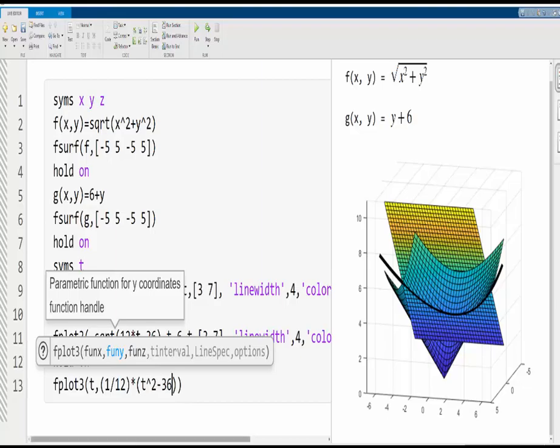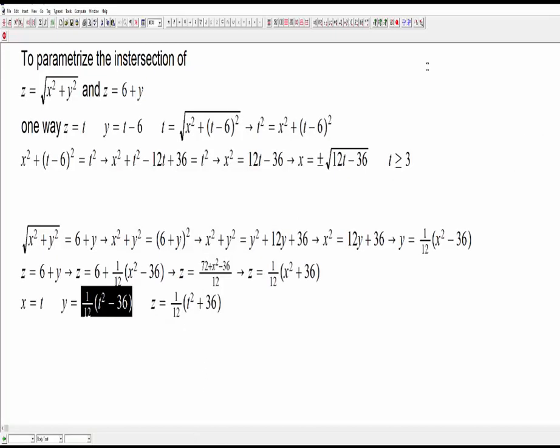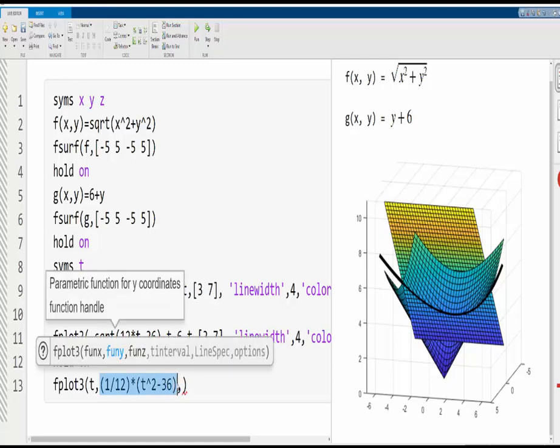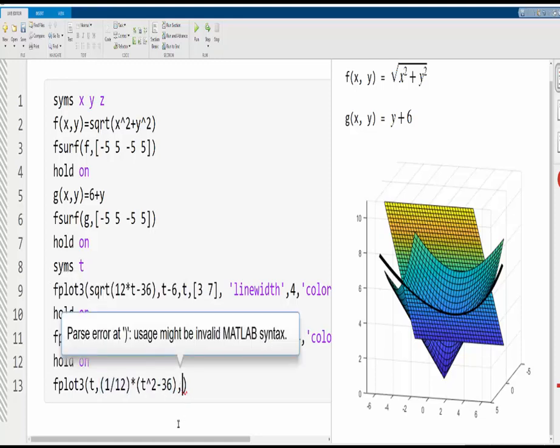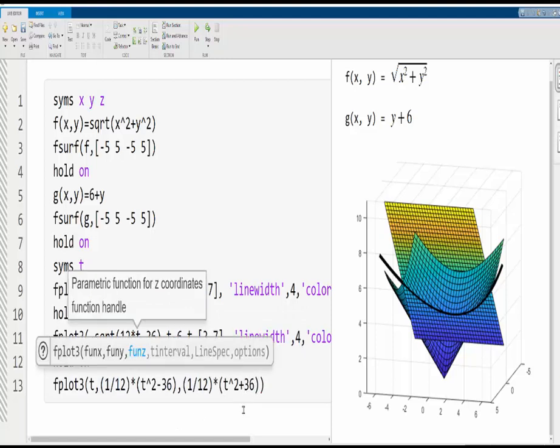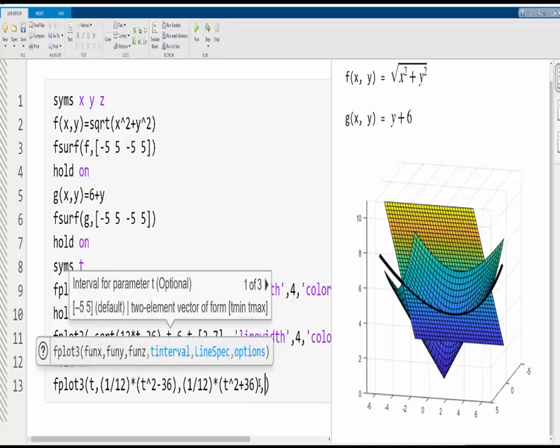Yeah, I hope that you remember that correctly. Yes, that's what y is. And then for the next component, we have plus 36. I'll keep the line width as 4.